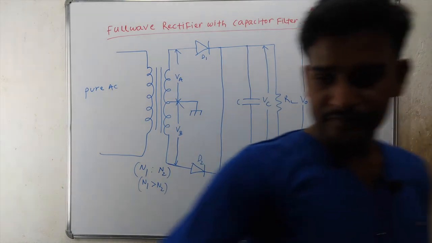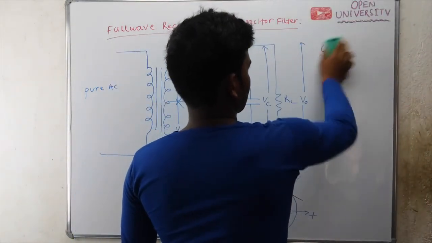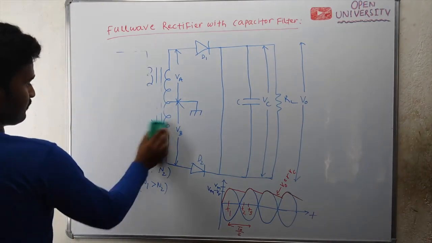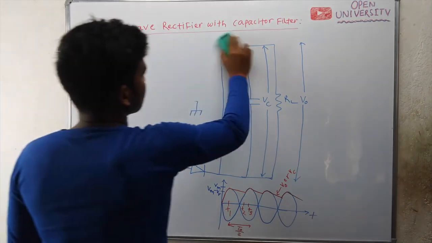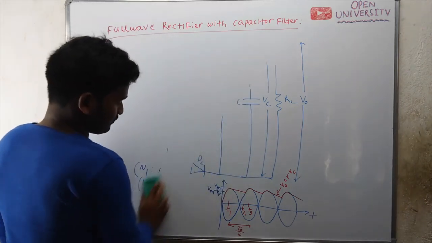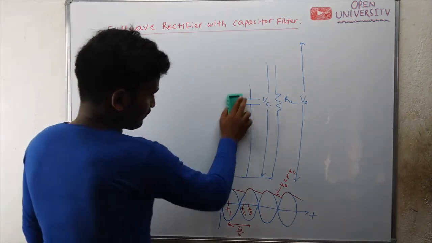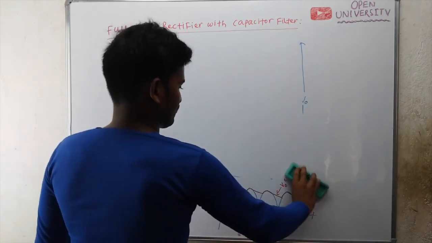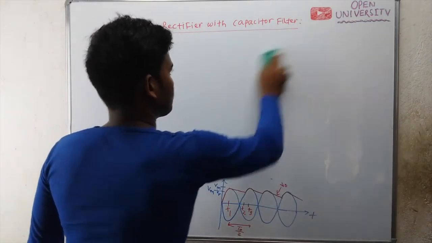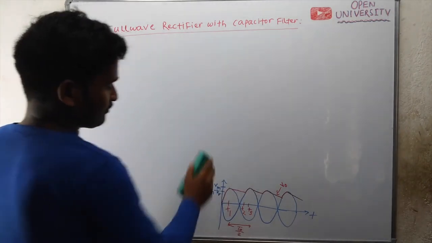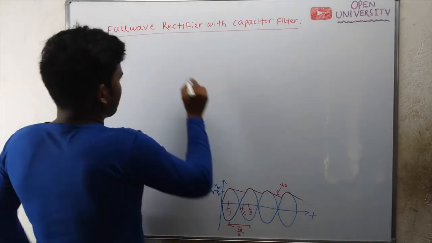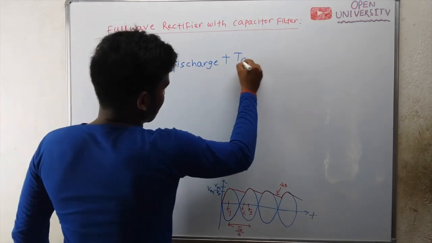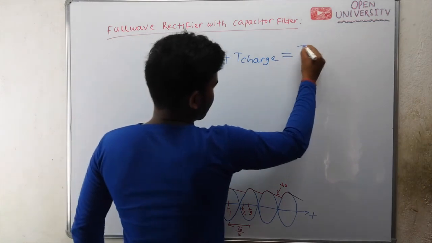So I can write discharging interval T discharge plus charging interval T charge is equal to T0 by 2.